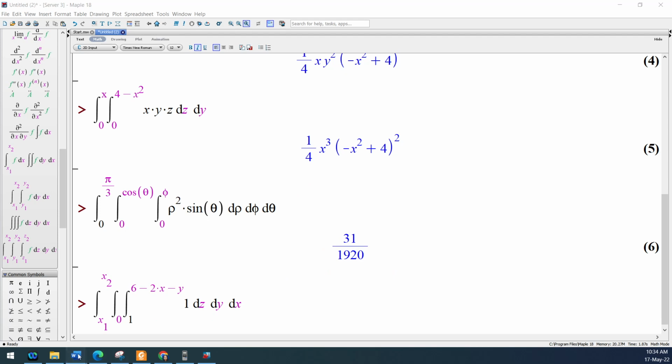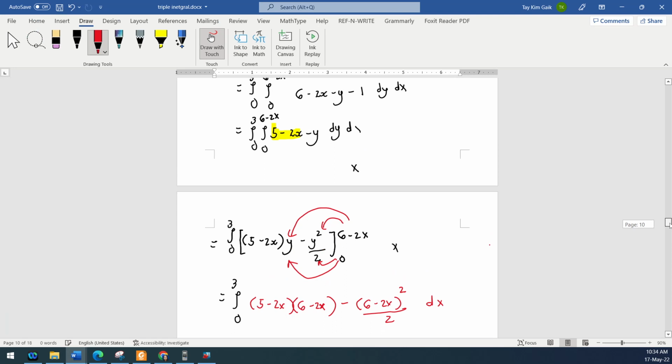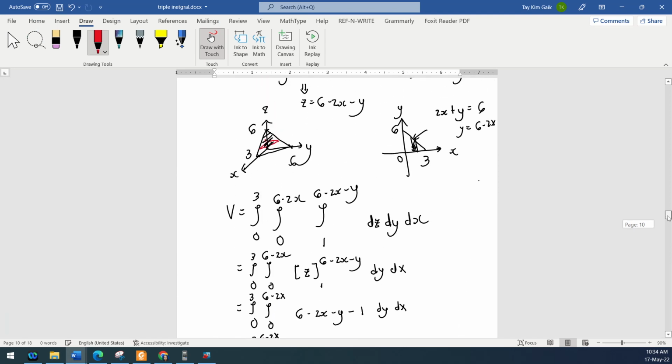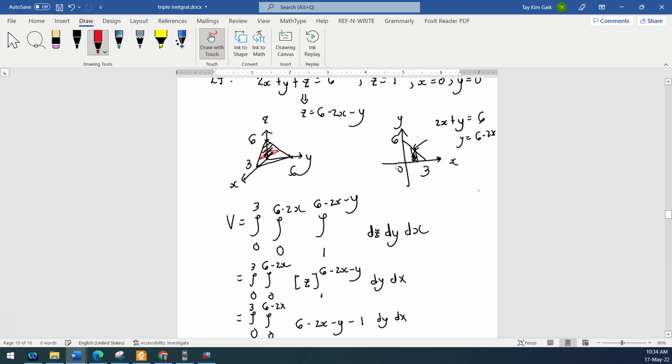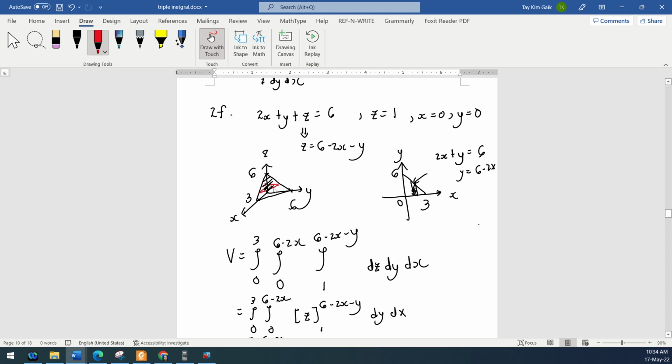Okay, I know where the mistake is here. The projection scale must be, because z is equal to 1, you have the smaller triangle. The lower limit of z is 1, so you have to substitute z is 1.